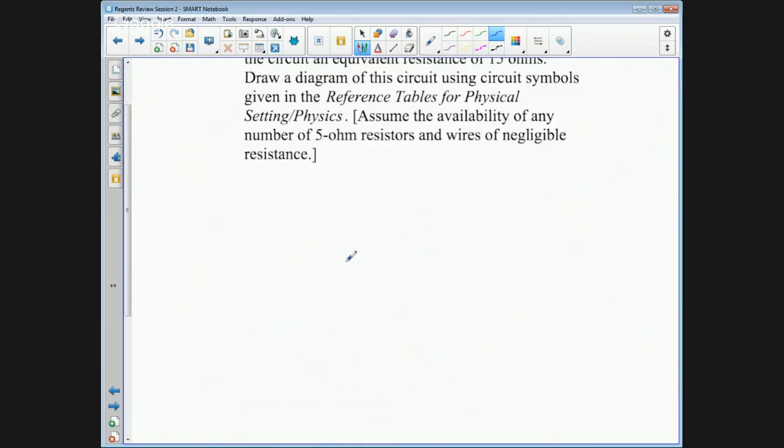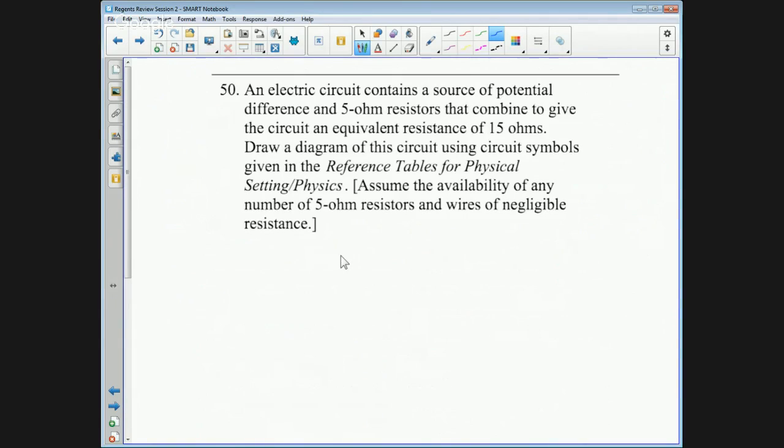Okay, so number 50. 50 says, an electric circuit contains a source of potential difference and 5 ohm resistors that combine to give the circuit an equivalent resistance of 15 ohms. Draw a diagram of this circuit using circuit symbols from the reference table. Assume the availability of any number of 5 ohm resistors and wires of negligible resistance.